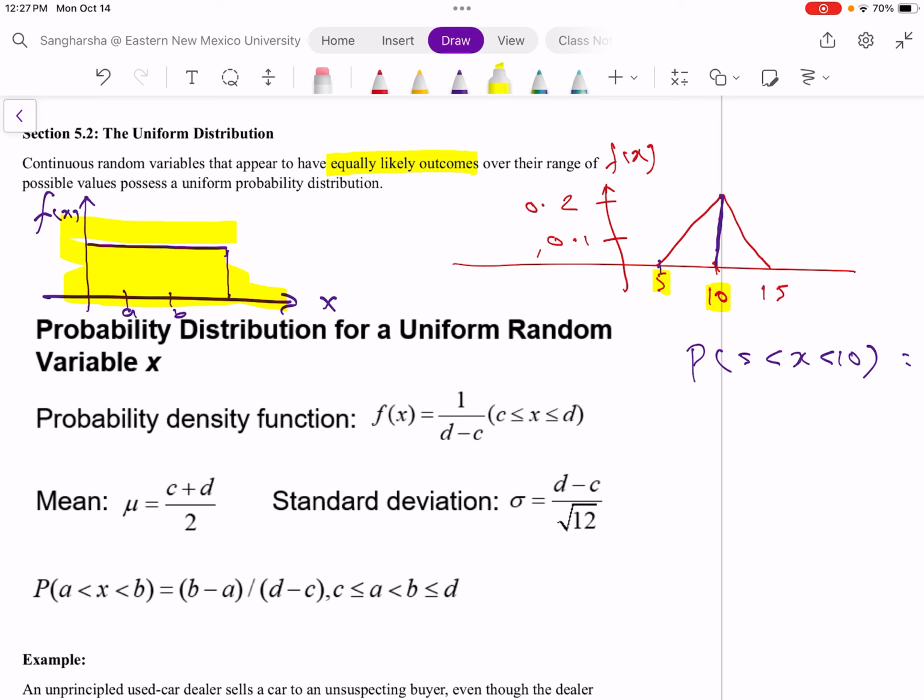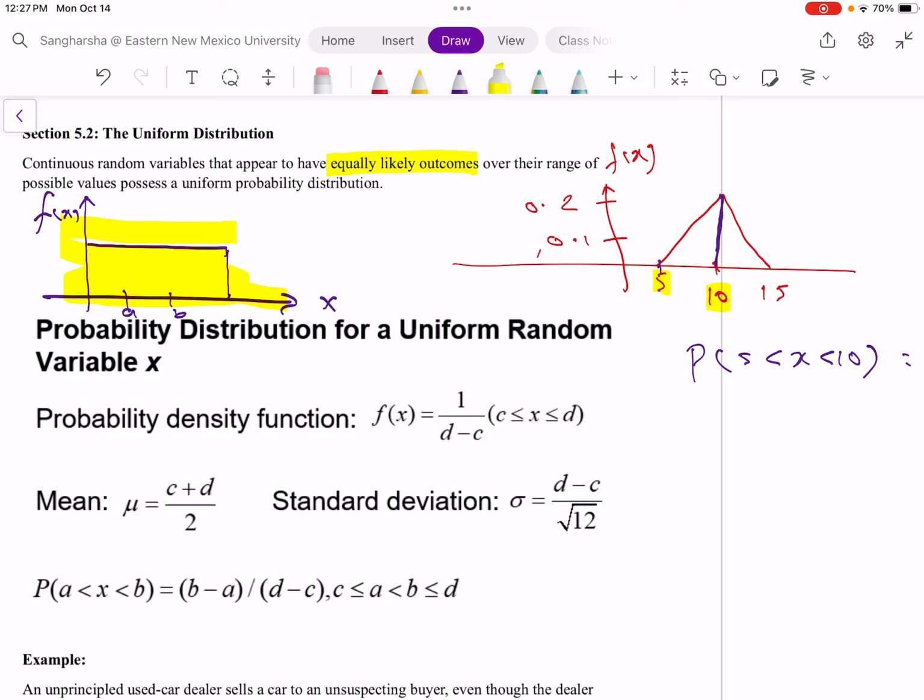If the height of a function is the same for all x values, then it is a uniform distribution. If the height is not the same, that is a continuous random variable, and this is also a continuous random variable. Uniform distribution is a specific type of continuous random variable. So both of these are continuous random variables.